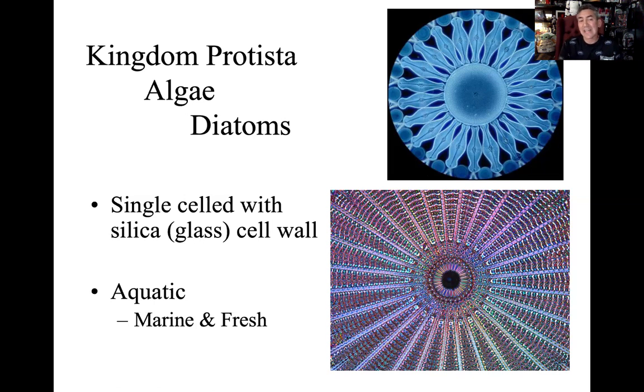It's basically glass. If you ever looked at beach sand, it's got little clear grains. That is basically silica. So these single-celled diatoms utilize this glass, the silica cell wall, for protection and for the transmission of light as well.